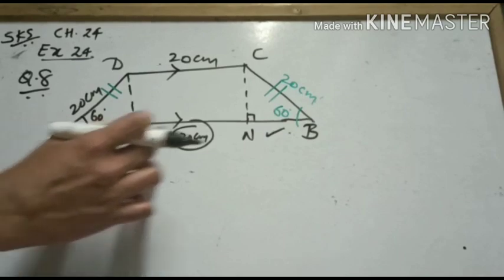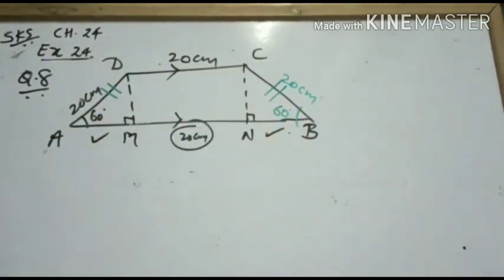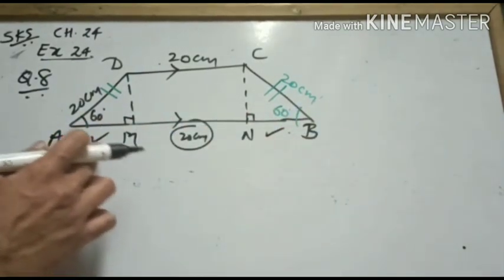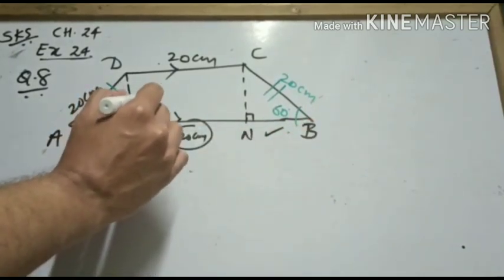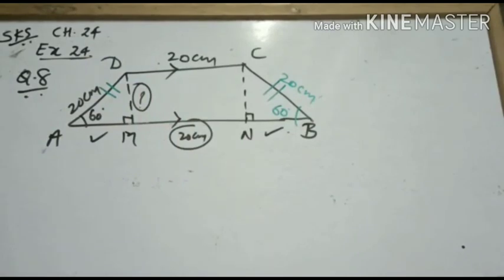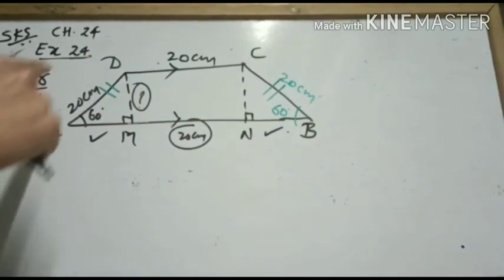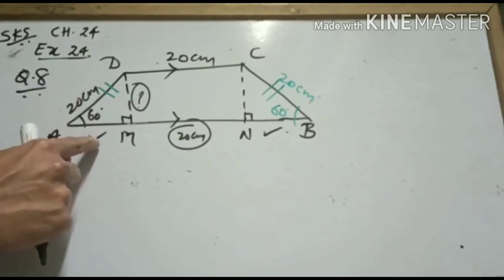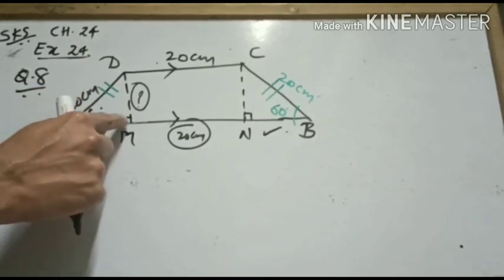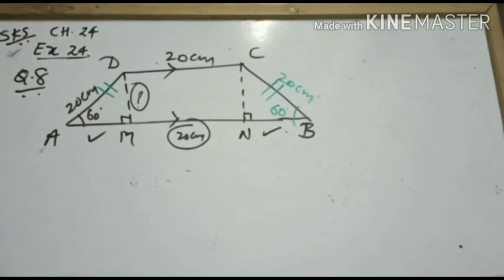Once you get AM, you get BN, you can calculate AB by substituting the values and adding them up. So you got AB. Now the question arises, they have asked for this distance DM. So my dear friends, in triangle ADM, you know one side you calculated, and you know two angles, one of which is a right angle. You can find this by a suitable trigonometric ratio.